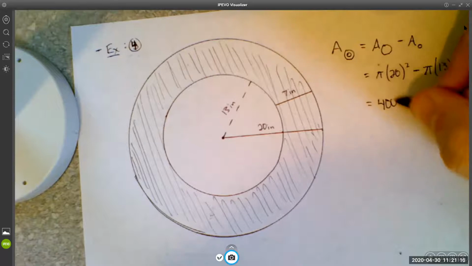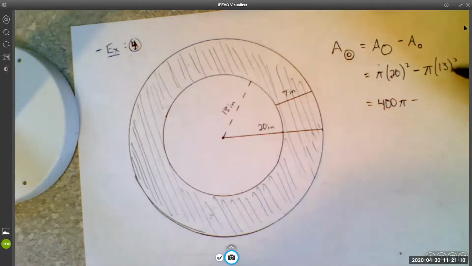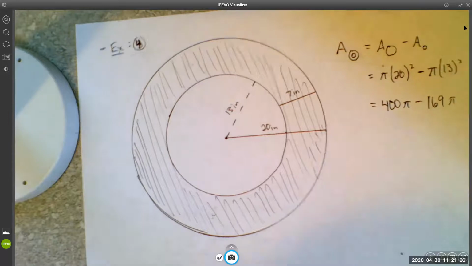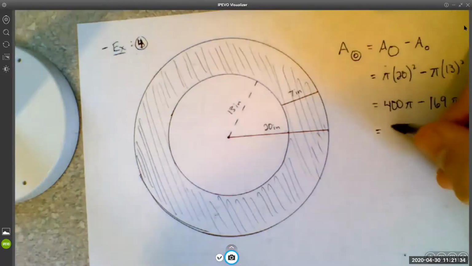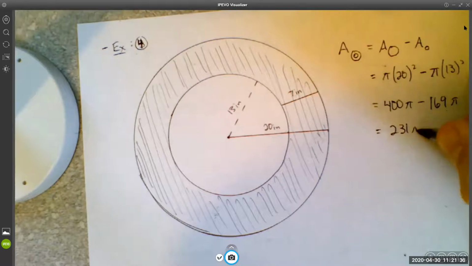So this is 400 pi minus, and then I know that 13 squared is 169. Is it? Yeah, it's 169. So I have 400 pi minus 169 pi. That's 231 pi.